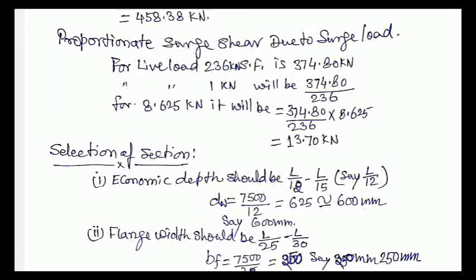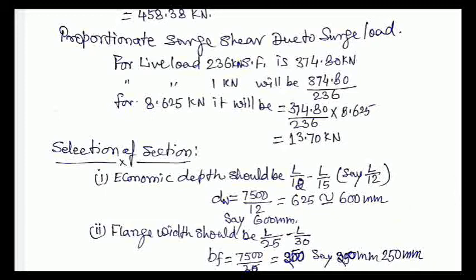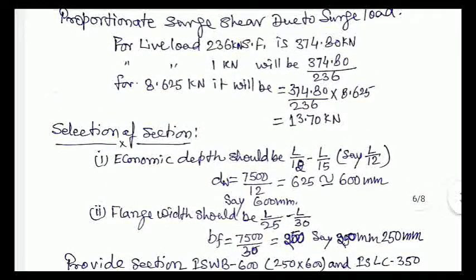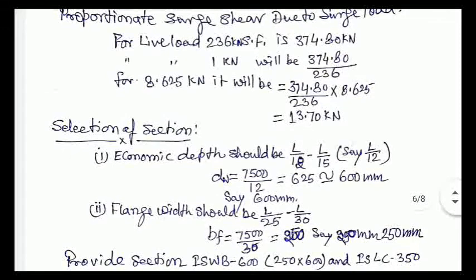Okay, so for 8.625 kilonewton it will be 374.80 divided by 236 multiplied by 8.625. So this proportionate surge shear comes out to be 13.70 kilonewton.